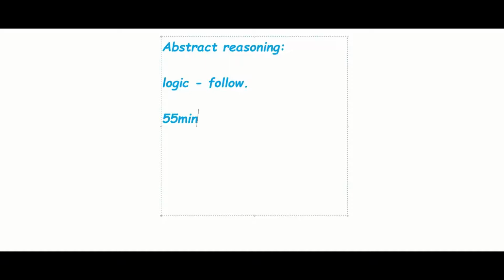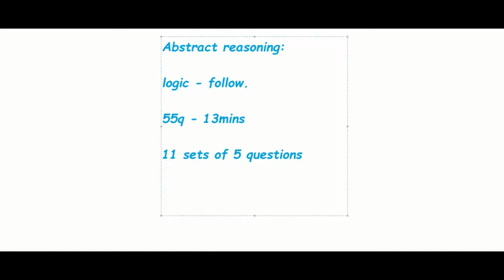You have 55 questions, 13 minutes, 11 sets of 5 questions, and your job is simple. You have to find out the answer. Now, I'm not joking you when I say 13 minutes and 11 sets.